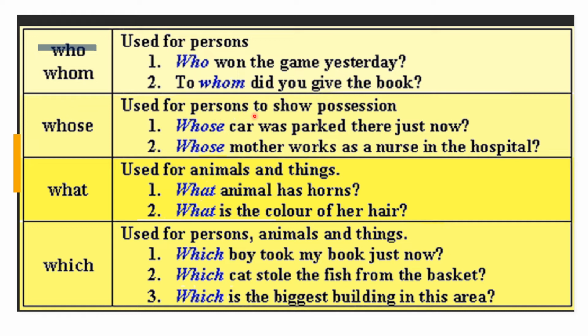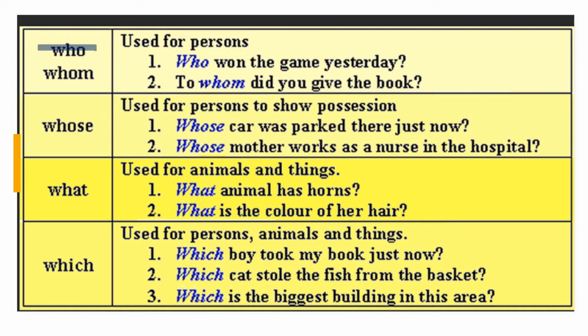Whose car is it? Possession, we have already done in grade 2 and 3. It refers to whom the thing belongs to. Whose mother works as a nurse in the hospital? What is the word which is used for animals or things. What animal has horns? What is the color of her hair? Which is used for persons, animals, and things.